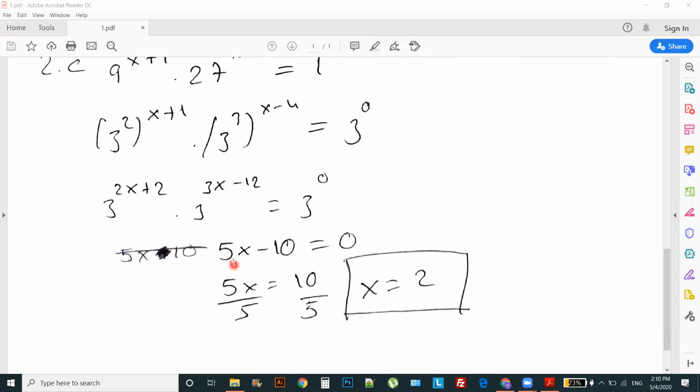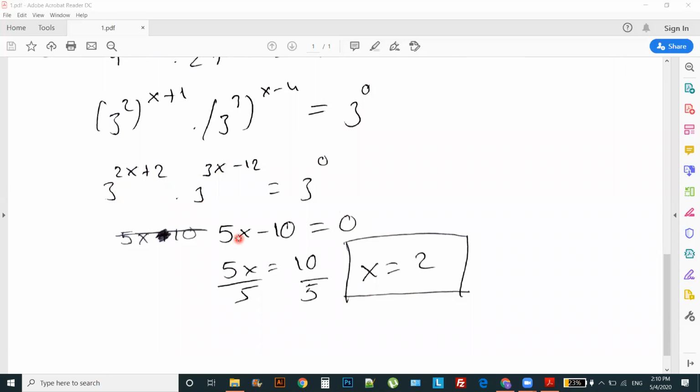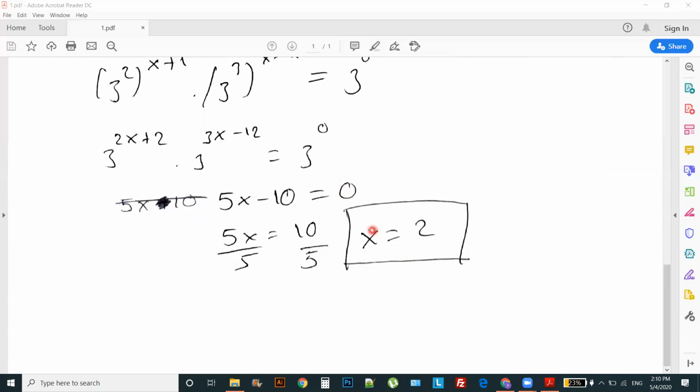When you work it out, 2x plus 3x will be 5x, 2 plus negative 12 will be negative 10, equals 0. You can see here the power is 0. So 5x minus 10 equals 0, then 5x equals, take this negative 10 to the other side of the equation, positive 10. Divide both sides by 5, then you will get 2.